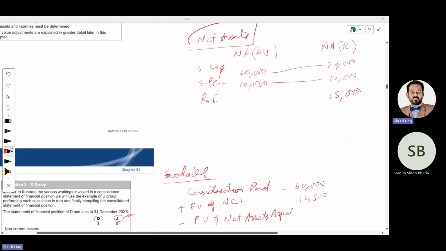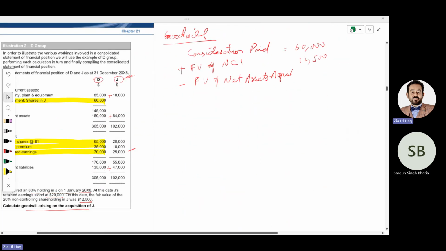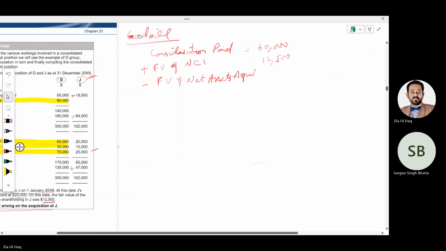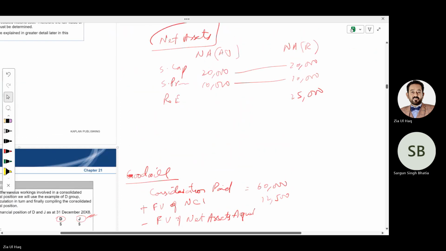At the time of acquisition, the retained earnings is given in the question, 20,000. So fair value of net assets acquired will be 50,000, while at reporting it will be 55,000. We generated a profit of 5,000 during the year.